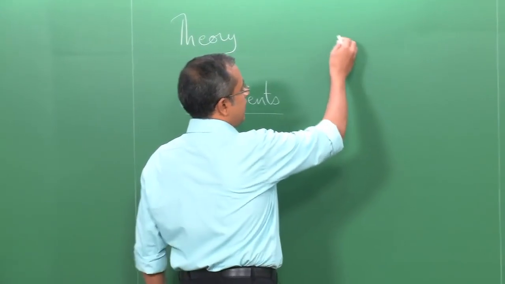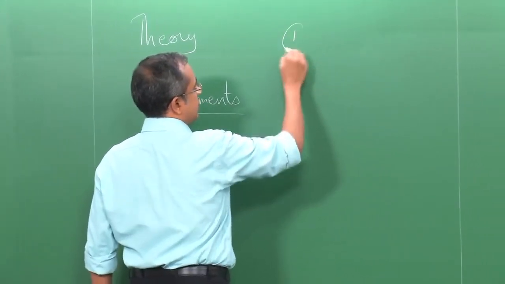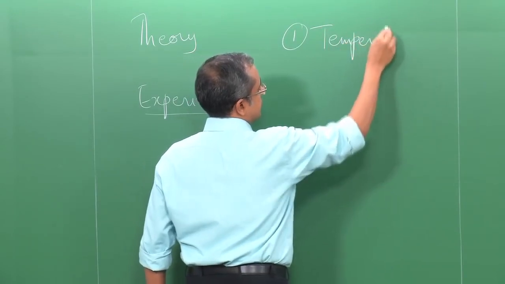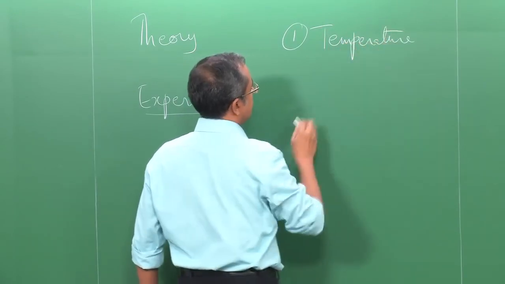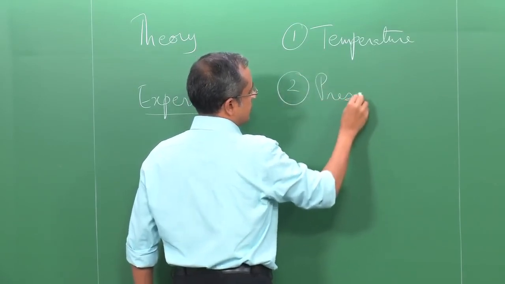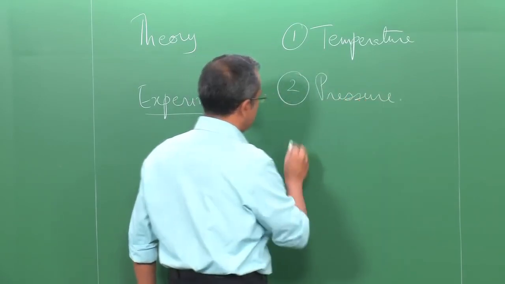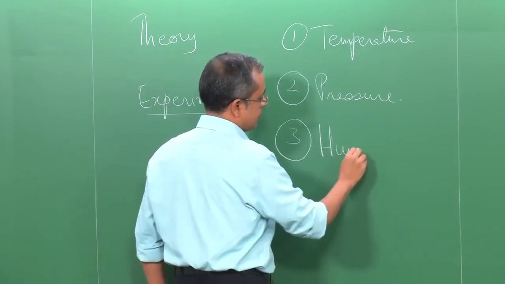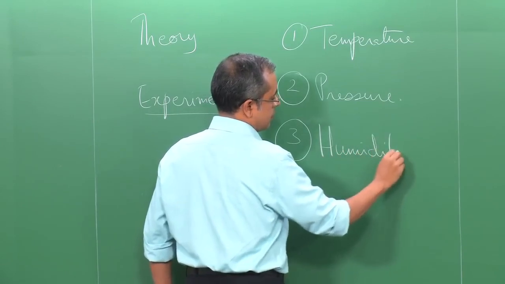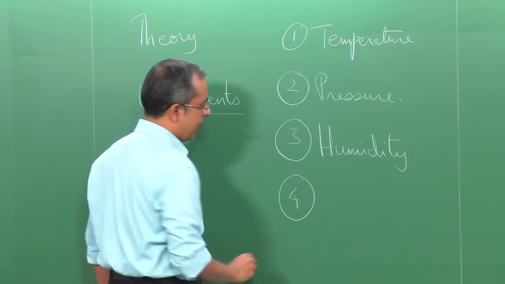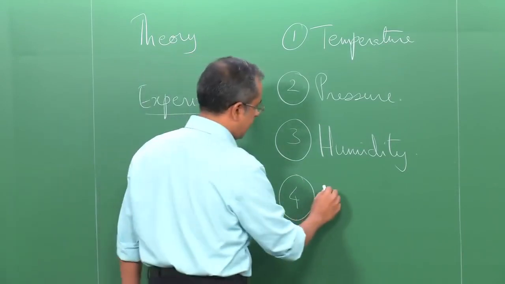The ones that we often encounter are temperature, there is pressure, humidity, and then electrical quantities such as current or voltage.